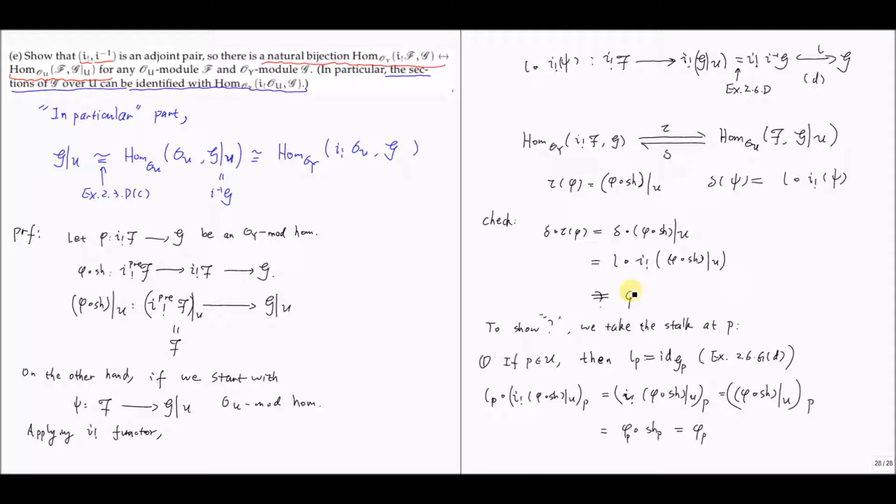So they are the same when P is in U. And second, if P is not in U, then our life will be much easier, because the left hand side I sub P will be 0 in this case.